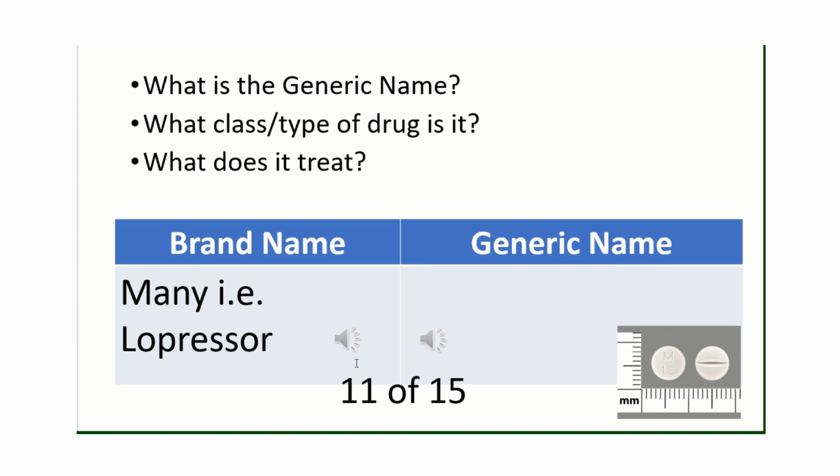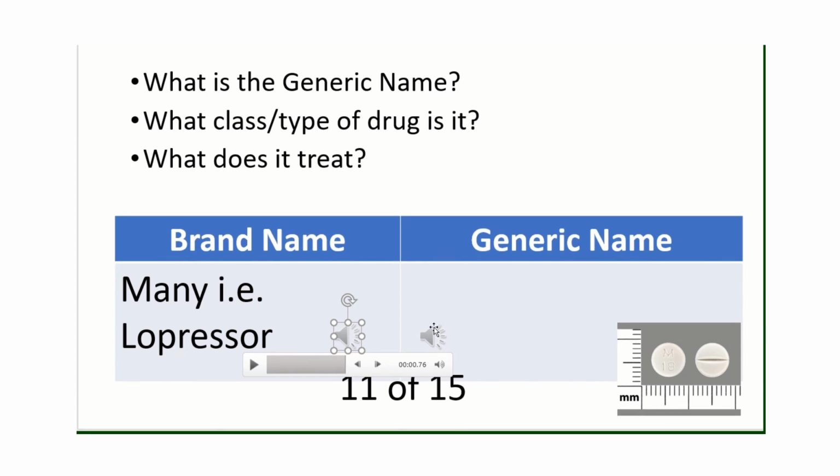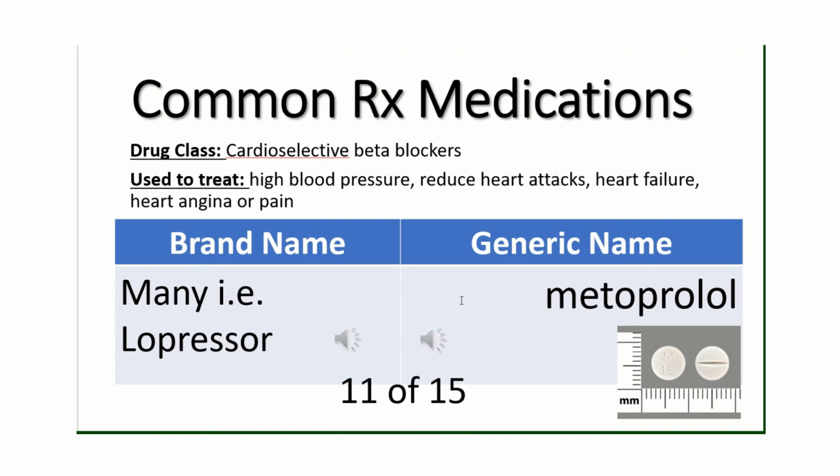What is the generic name for Lopressor? What is the type of drug for Lopressor? What does Lopressor treat? The generic name for Lopressor is metoprolol.